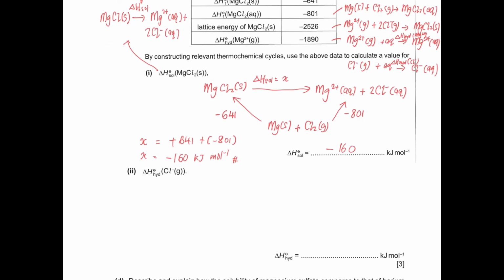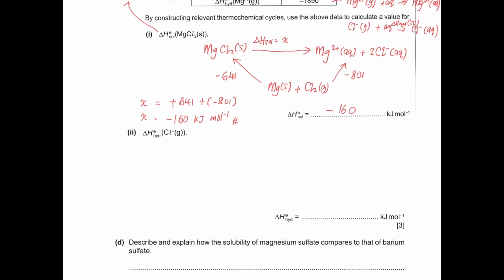We have done the first part. Now the second part, we have to look for the enthalpy change of hydration of chloride ion. Again, we need to build a thermodynamic cycle. What kind of cycle are we going to use? Actually, we can start off with solution again.